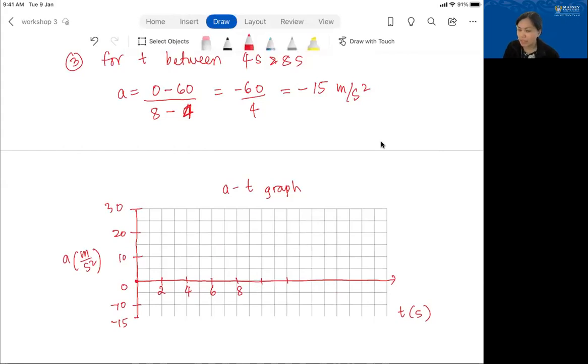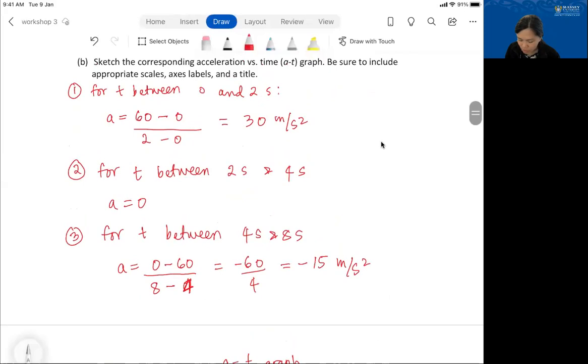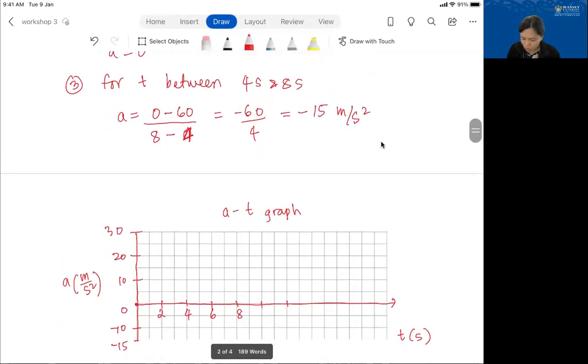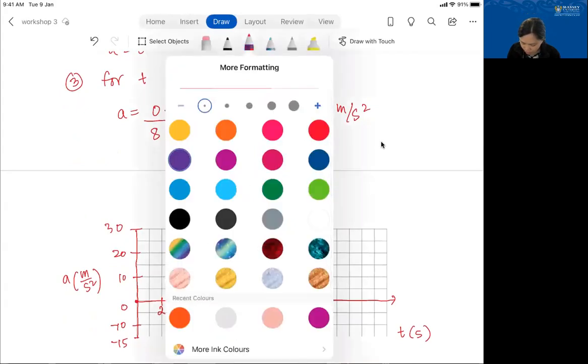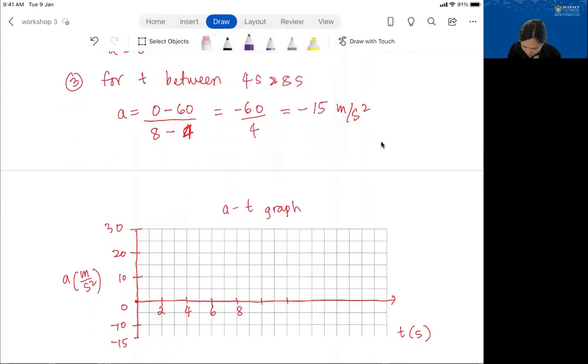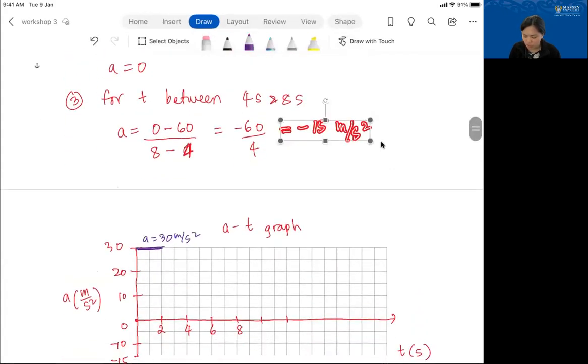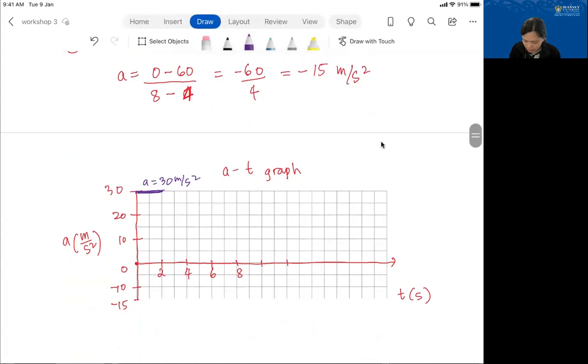Right, so we've solved here that between 0 and 2 seconds, the acceleration is constant and positive 30 meters per second squared. So acceleration equals 30 meters per second squared. Then from 2 to 4 seconds, the acceleration is 0.